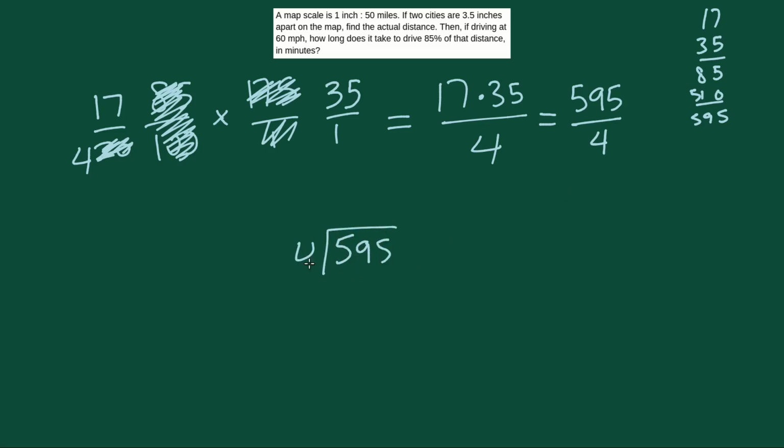595 over 4. Let's divide. 35 divided by 4 is 8, remainder 3. 148 and 3/4.